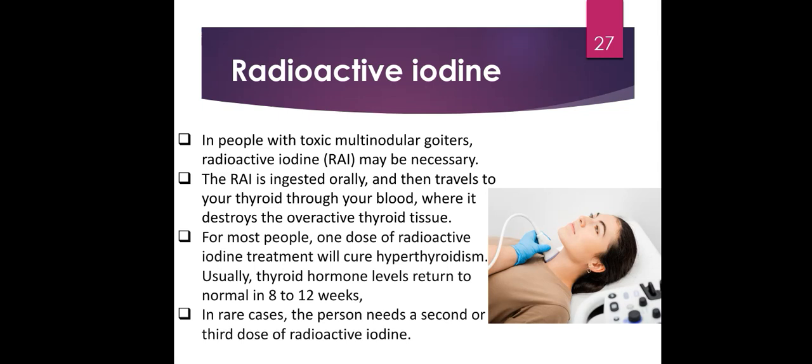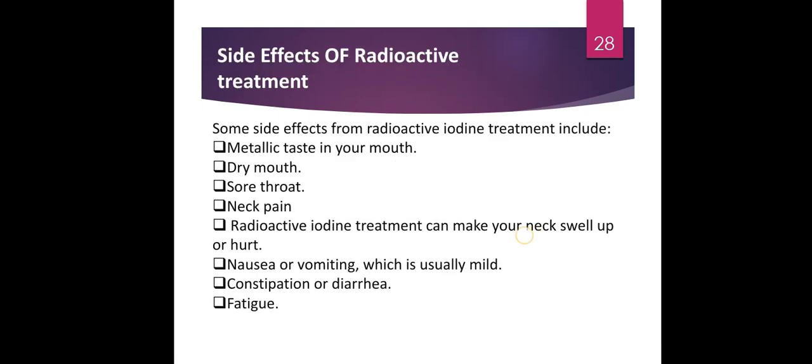For most people, one dose of radioactive iodine treatment will cure hyperthyroidism, and thyroid hormone level returns to normal within 8 to 12 weeks. In rare cases, the person needs a second and a third dose of radioactive iodine.